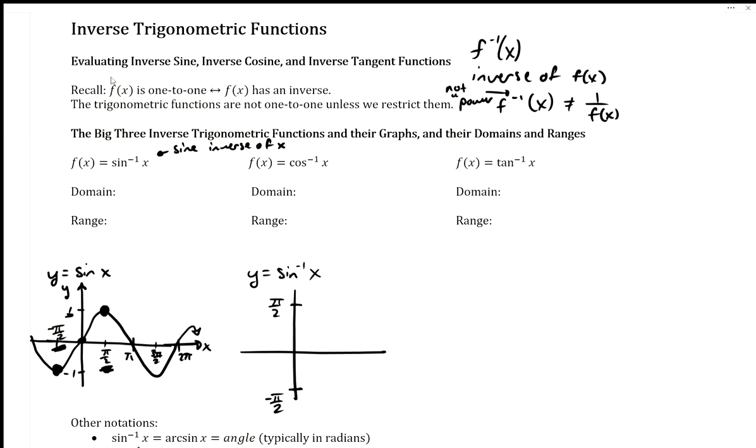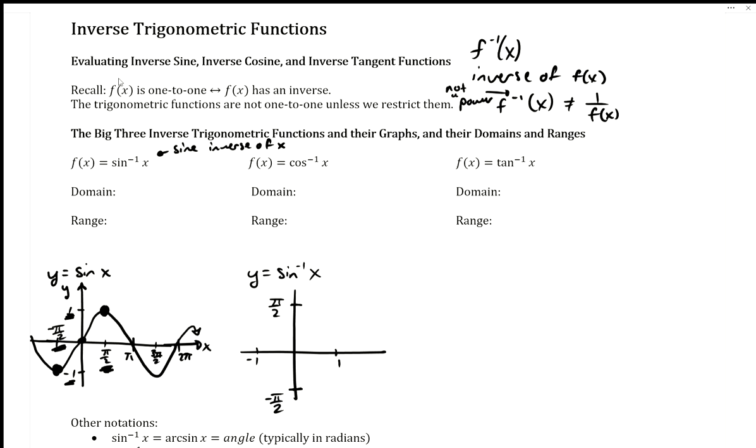And then those peaks, the 1 on the y-axis is now going to be a 1 on the x-axis, and the negative 1 is going to be on the x-axis as well. Let me draw that a little bit better. I think I drew the 1 a little too far, maybe about there. So there's 1.